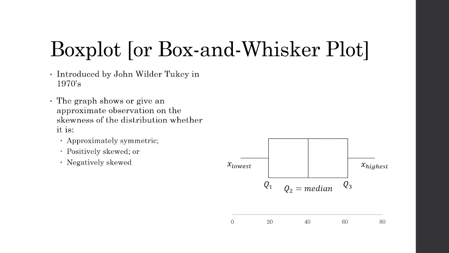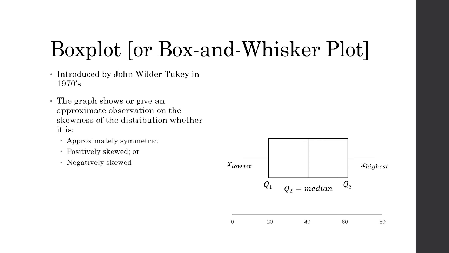So again, this is introduced by John Wilder Tukey in 1970s. I'm not sure if it is the same John Tukey that developed our stem and leaf plot, but it is introduced by John Wilder Tukey in 1970s. Mind checking class, pakicheck lang kung same person ba sila.